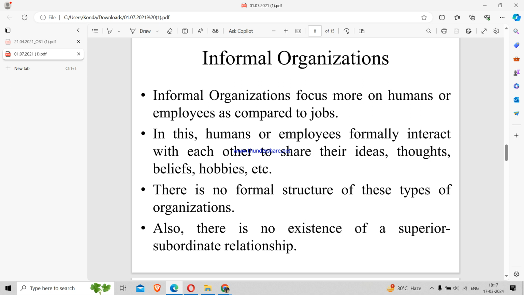So this is an advantage that informal organizations have, but there is another disadvantage it also has: the non-productive persons who are not producing that much are somewhat set free. This is one negative aspect.